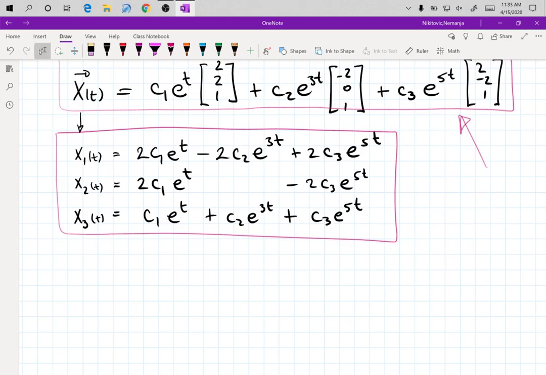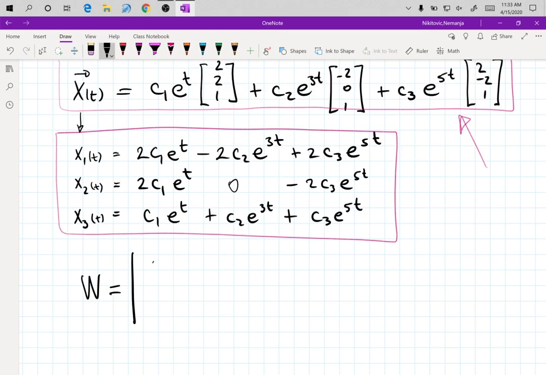And now the question is, are these linearly independent? So to check the Wronskian, we'll have the determinant. Now it's going to be 3 by 3, so it's going to take some time. But remember what we are doing here. There is a big fat 0 in here, right? We are going to place these in the Wronskian, and we're not going to bother with C1, C2, and C3. We're just using e's with the coefficients.